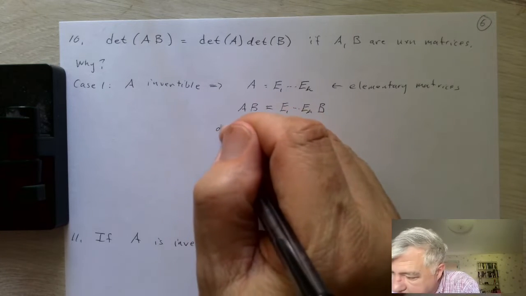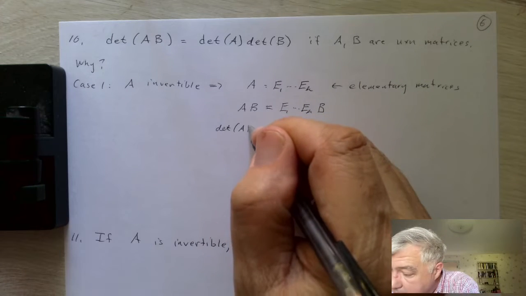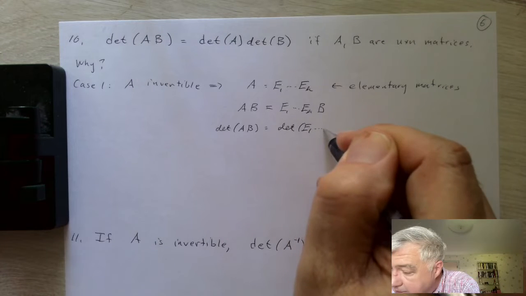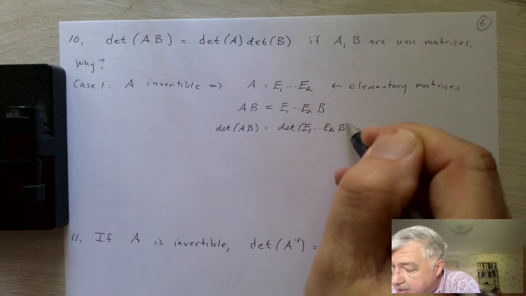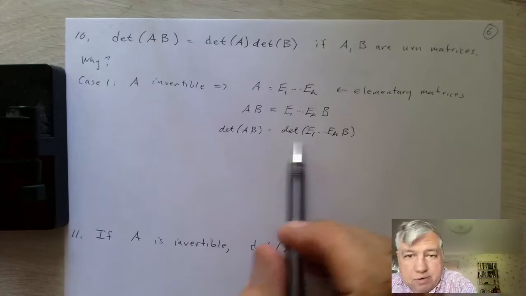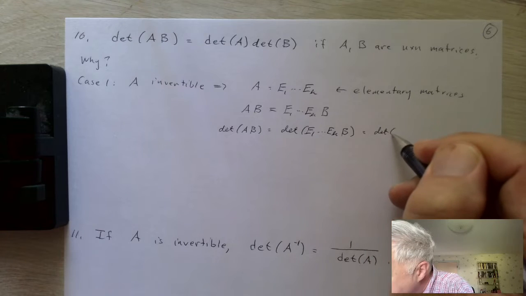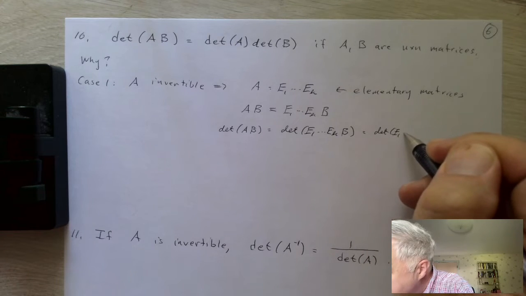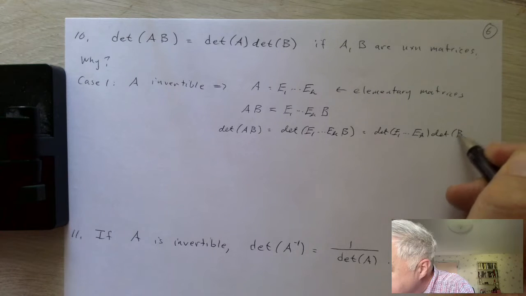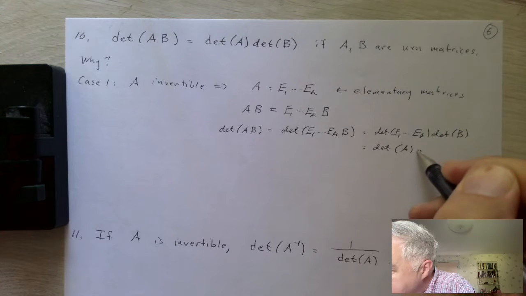And then the determinant of AB is the determinant of E1 through EK times B, and by the properties of elementary matrices, this is going to be the determinant of E1 through EK times the determinant of B, which is the determinant of A times the determinant of B.